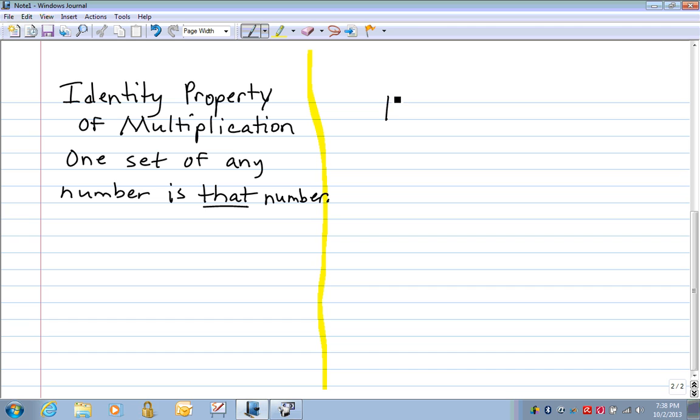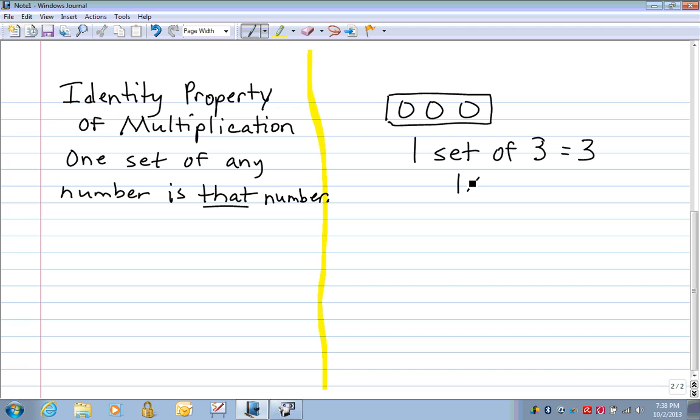As an example, if I have a box, 3 oranges in it, I have one set of 3. So all I have is 3. 1 times 3 equals 3.